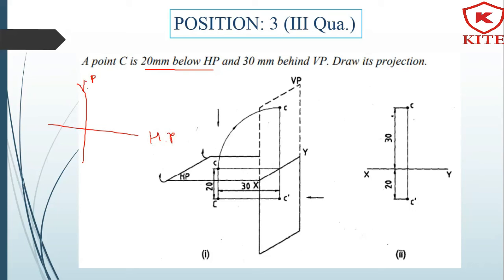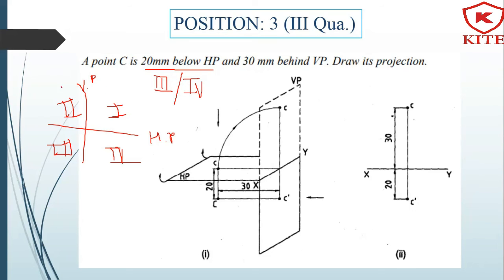So 20 mm below HP, this is the HP plane, and VP. Below HP there are two possibilities: either the third or the fourth quadrant. And the second condition mentions 30 mm behind VP.